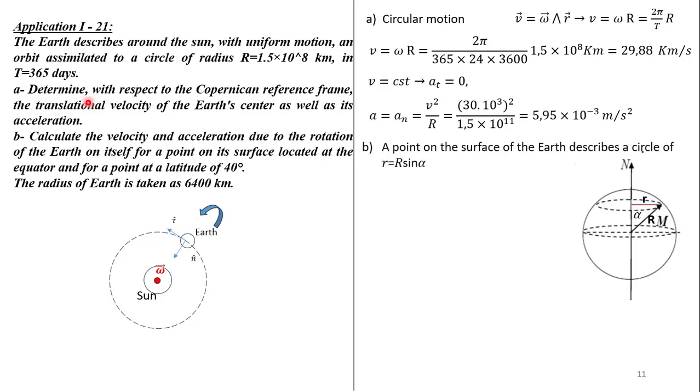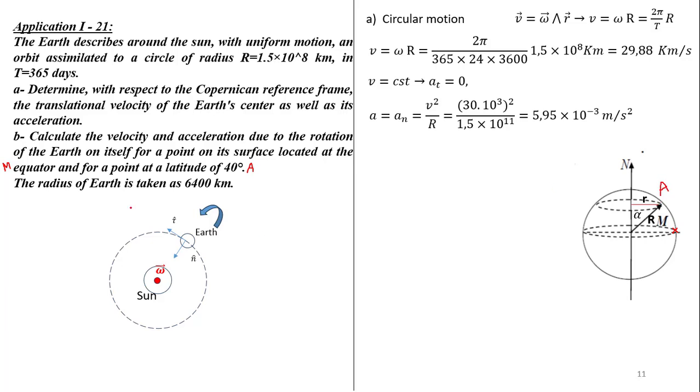Okay, now in question B, calculate the velocity and acceleration due to the rotation of the Earth on itself. Now we are considering the rotation of the Earth around itself. We need to find the velocity and acceleration for 2 points: a point M on the surface, located at the equator, and a point A at a latitude of 40 degrees.